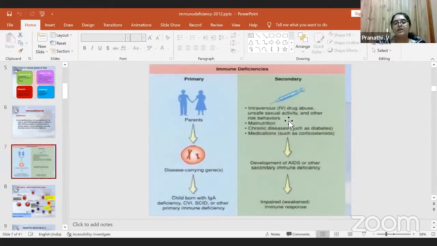In the case of secondary, it is because of intravenous drug abuse, unsafe sexual activities, other risks involved, malnutrition, chronic diseases such as diabetes. This leads to secondary immunodeficiency, and also medications.